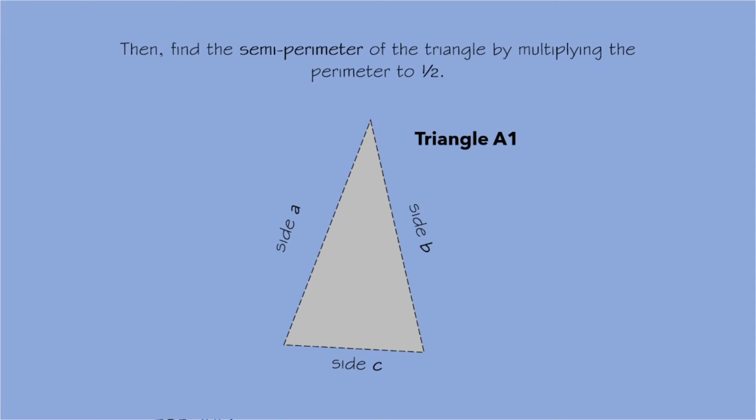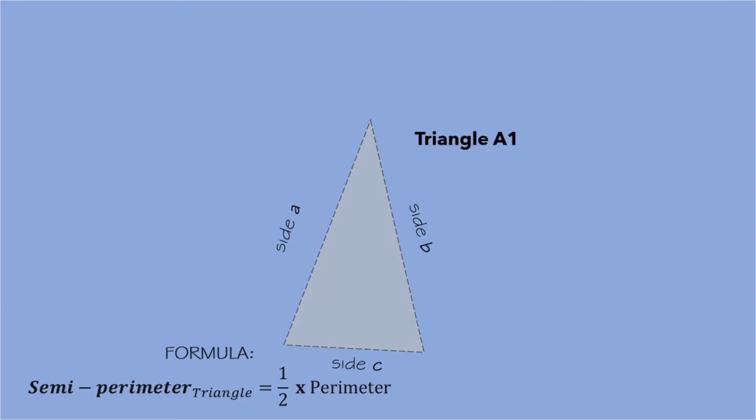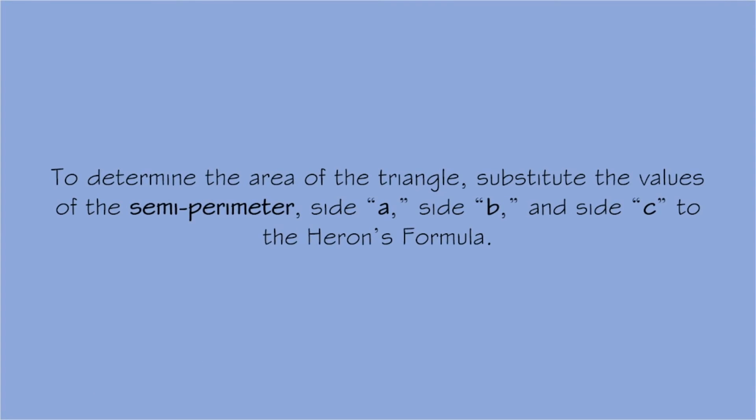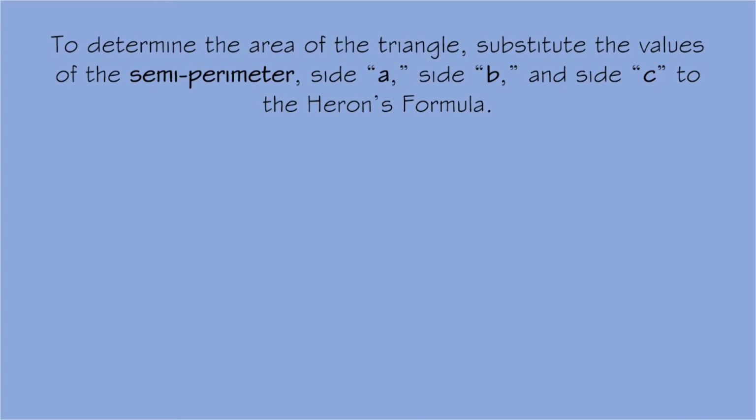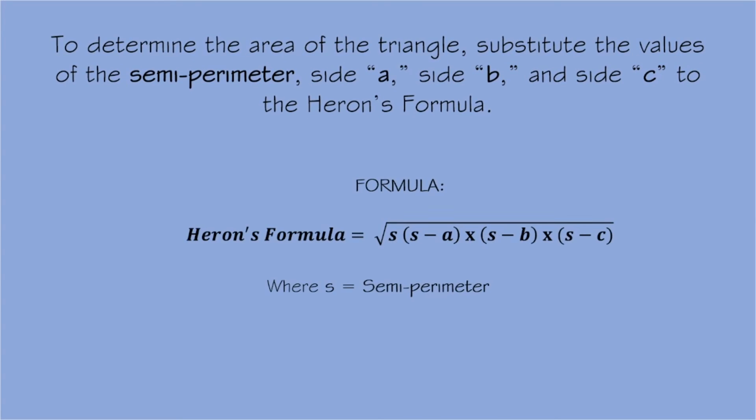And find the semi-perimeter of the triangle by multiplying the perimeter by 1/2. In formula, semi-perimeter of the triangle equals 1/2 times the perimeter. To determine the area of the triangle, substitute the values of the semi-perimeter, side A, side B, and side C into Heron's formula.